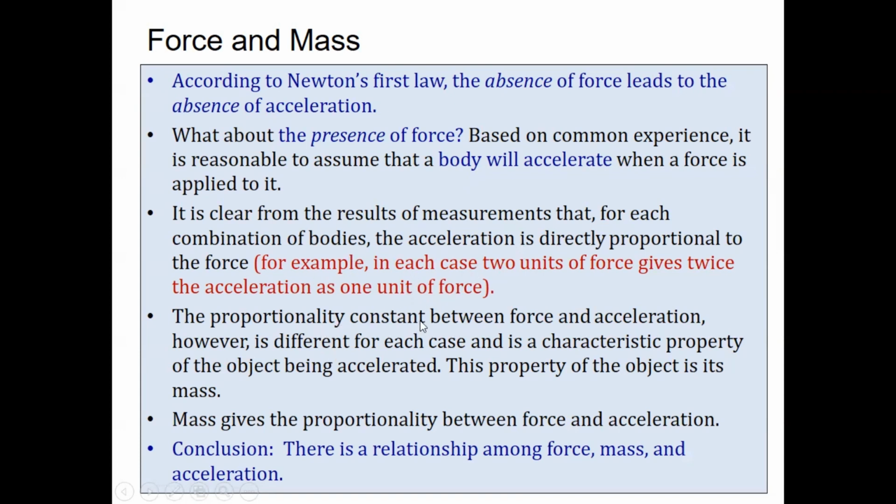This proportionality constant between the force and acceleration, however, is different for each case, and it is the characteristic property of the object that is accelerated. The property of the object is mass. So mass gives the proportionality between the force and the acceleration. We can conclude from the experiments that there is a marked relationship between the force, the mass, and the acceleration.